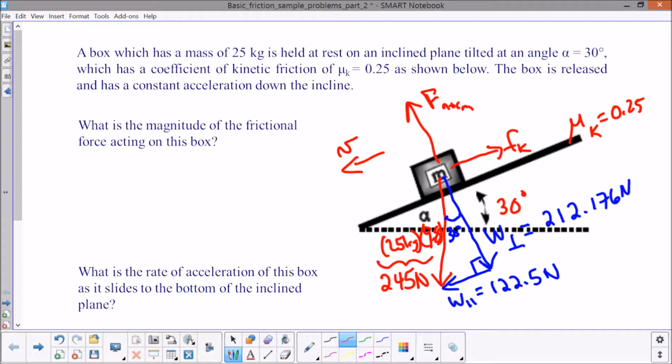Because there are no other forces acting perpendicular to the ramp other than the perpendicular component of the weight, the normal force is going to equal 212.176 newtons. This box is going to not only have its velocity down the ramp, but the acceleration is also going to be down the ramp. And so I'm going to set this up so that down the ramp is the positive direction.